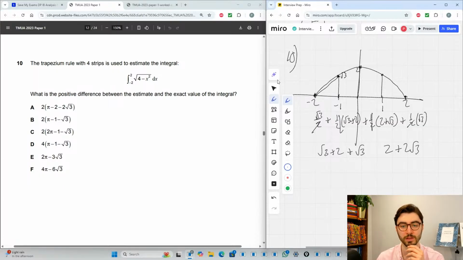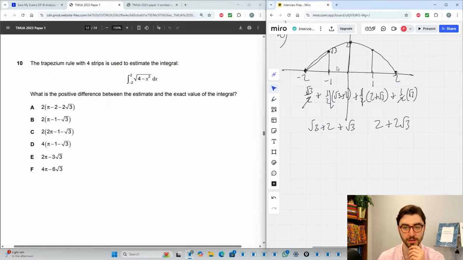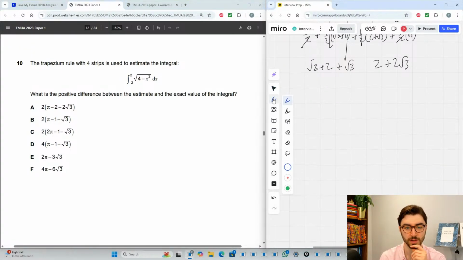Now, I think this looks very trig to me. To find the exact value, I'm going to choose to use the substitution x equals 2, I'm going to use cos or sine. I prefer to integrate cos.